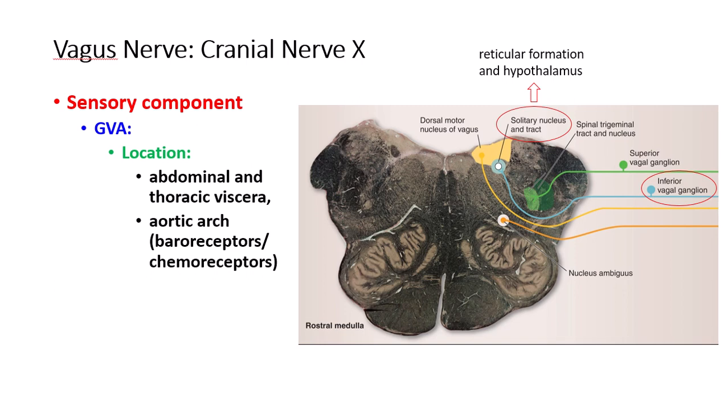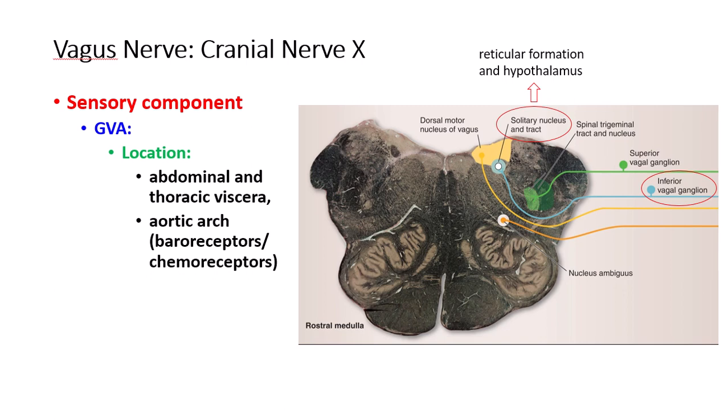Those receptors get information, and then it goes to the inferior vagal ganglion again. The information is not processed here, it's just getting information, and the cell body sends it to the solitary nucleus, and the solitary nucleus sends information to the reticular formation, and from there it goes to the hypothalamus.